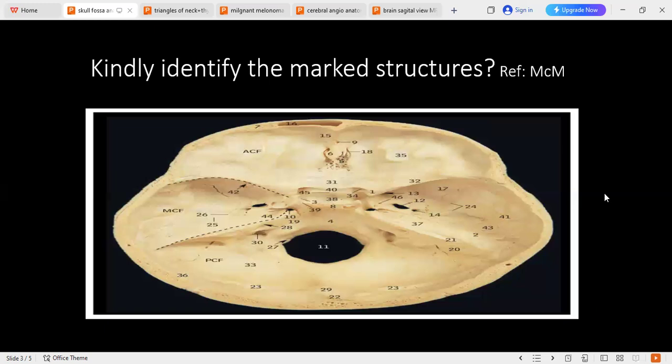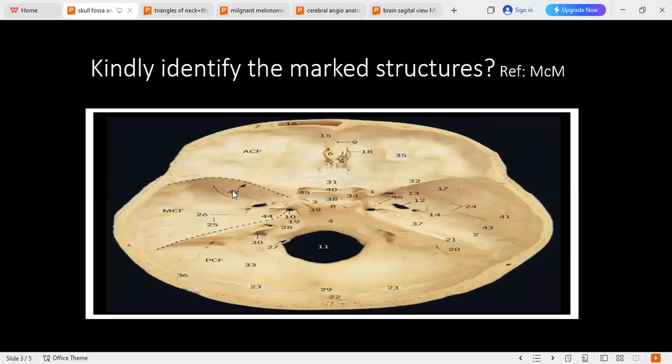Right. Can you tell me what 42 is? 42 is the superior orbital fissure.